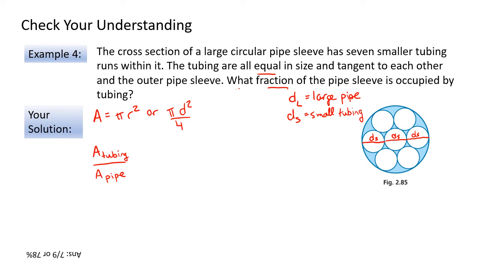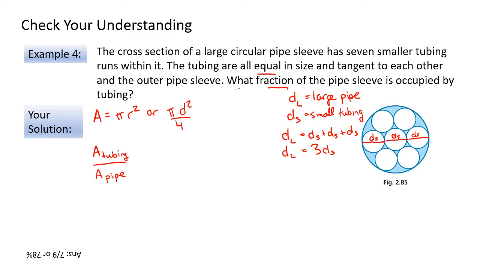They're not squished together. You haven't deformed these circles in any way. So what that means is the large diameter, dl, is equal to the small diameter added up 3 times, or 3 multiplied by the small diameter.